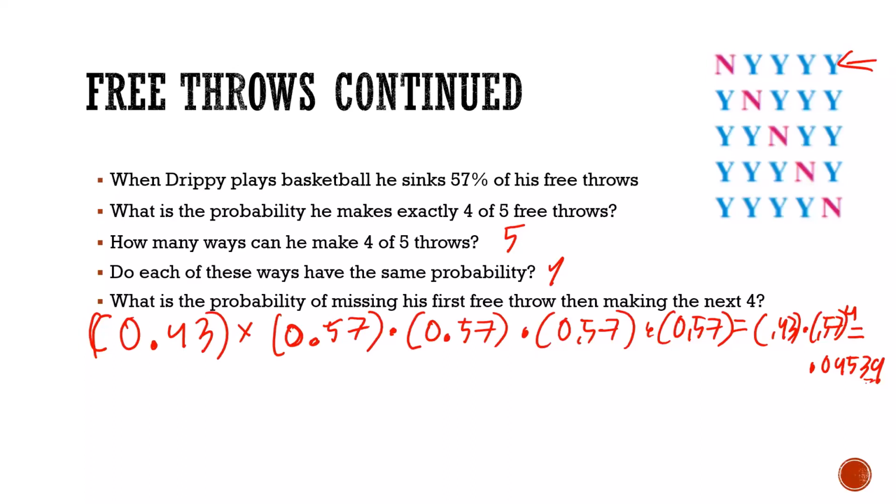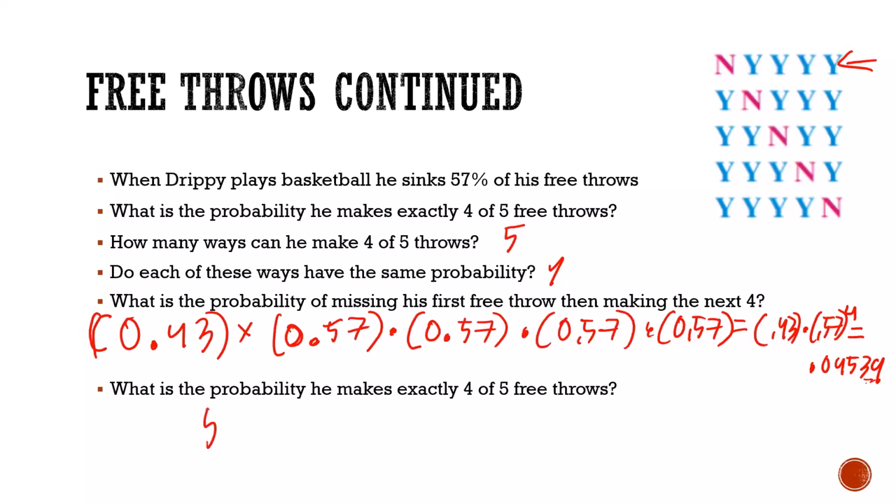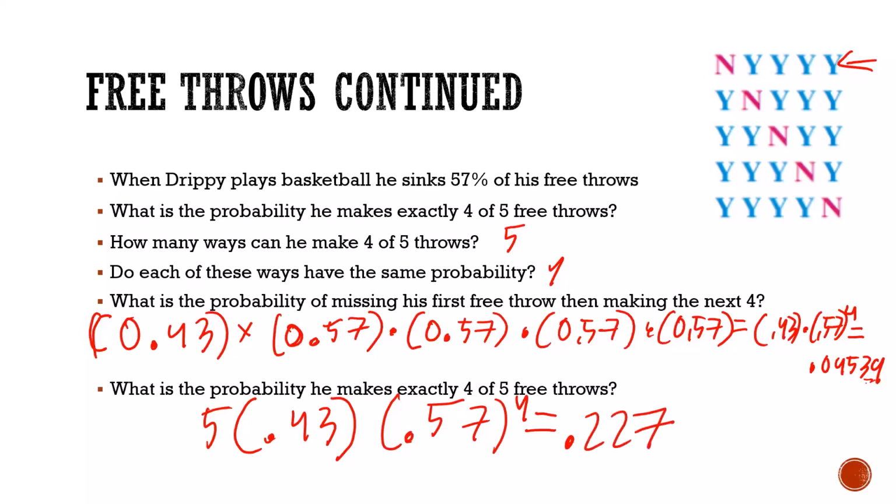How many ways are there? 5, and they're each equally likely. So the answer is about 23%.